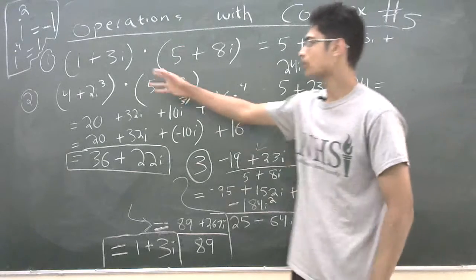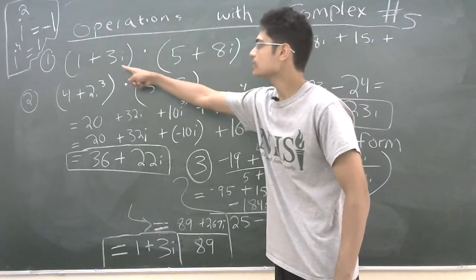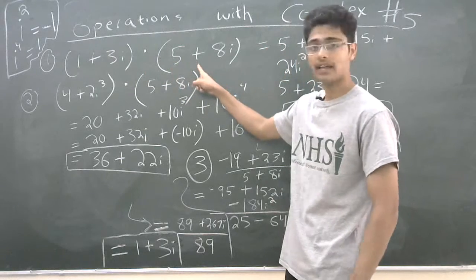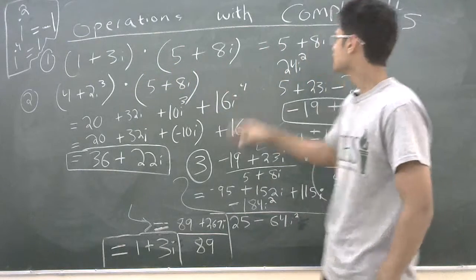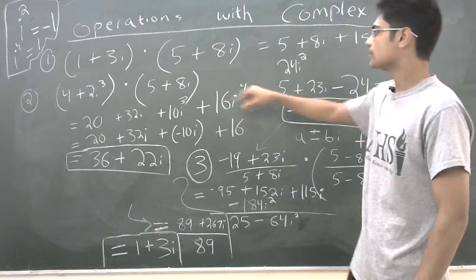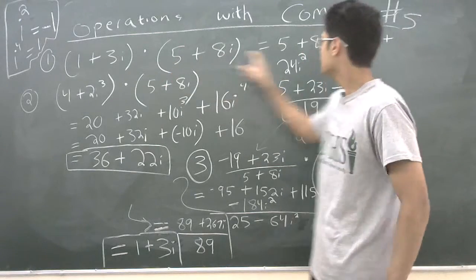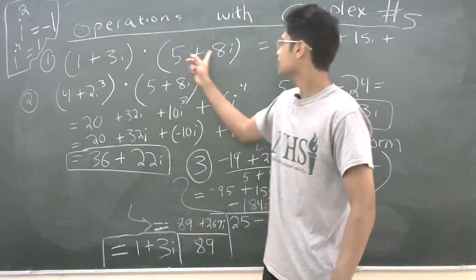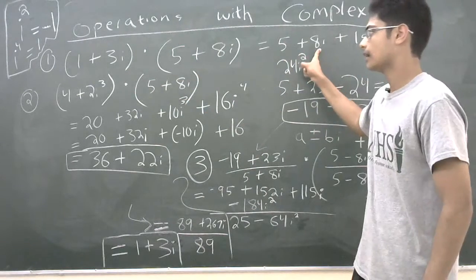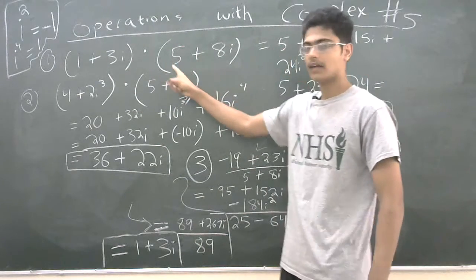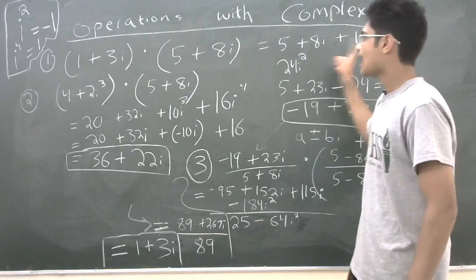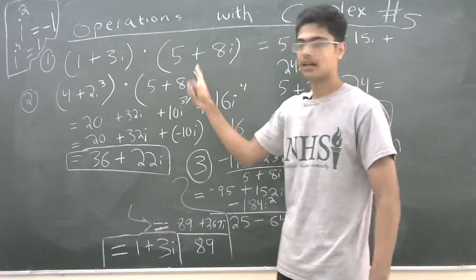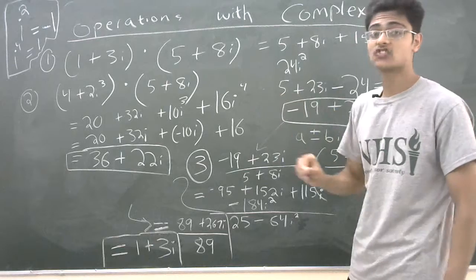So here in the first problem, I have 1 plus 3i times 5 plus 8i. Once you compute this, you see that 1 times 5 is 5, as we just used the distributive property. And then 1 times 8i gives us 8i. 3i times 5 gives us 15i. And then 3i times 8i gives us 24i squared.